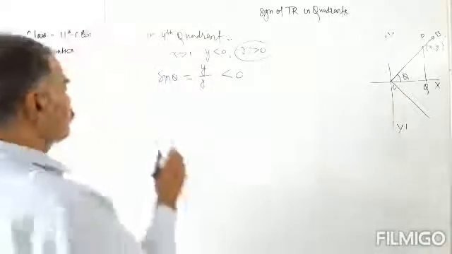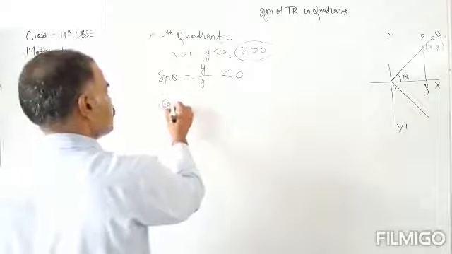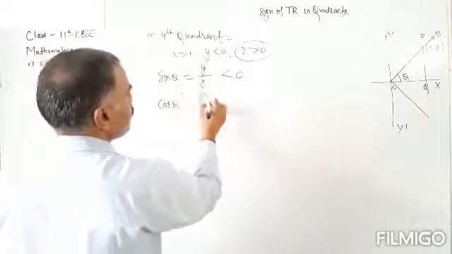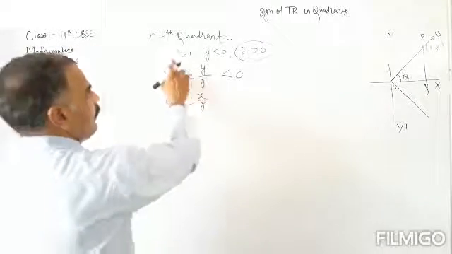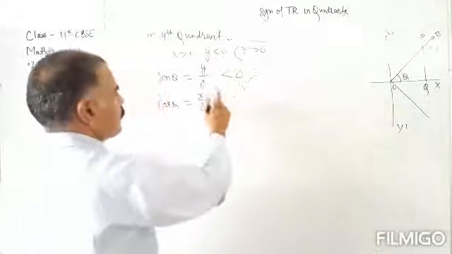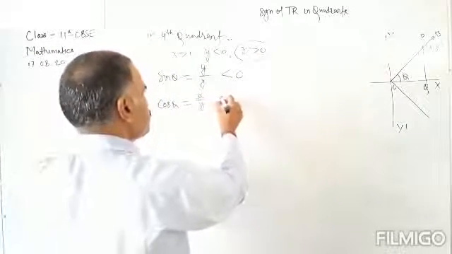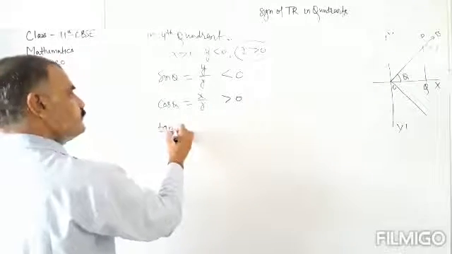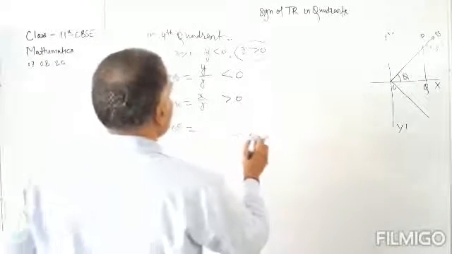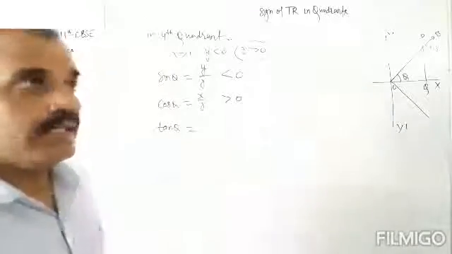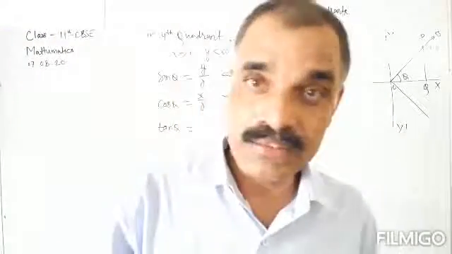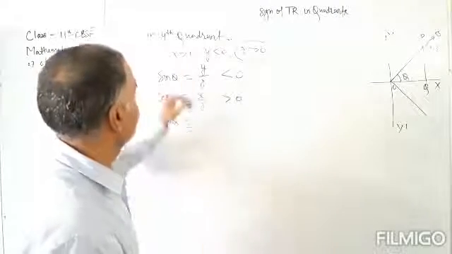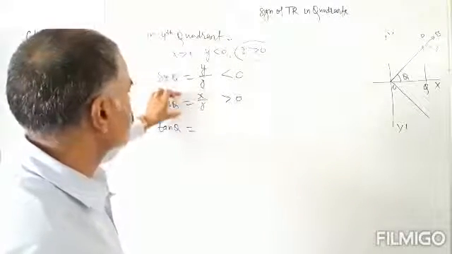Now cos theta is the ratio of x and r. X is positive, r is positive, that is why positive upon positive is positive. So cos theta is positive. Now tan theta is the ratio of sin theta and cos theta.